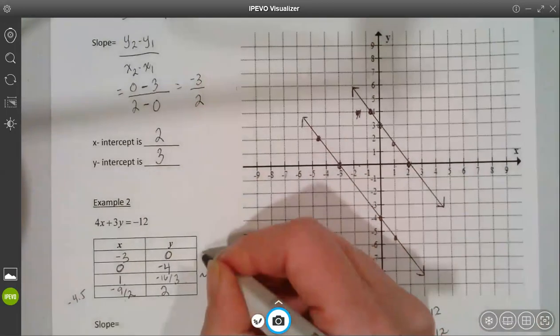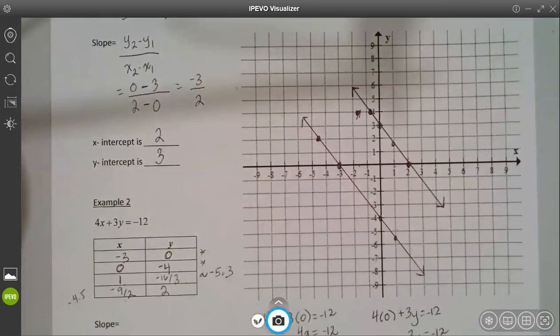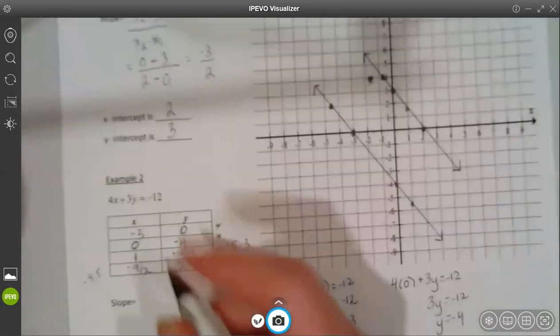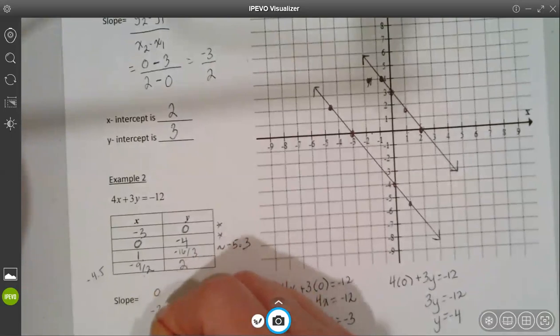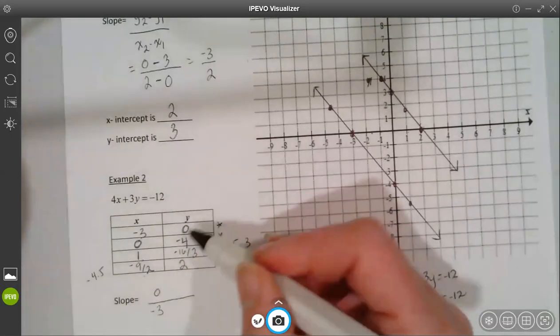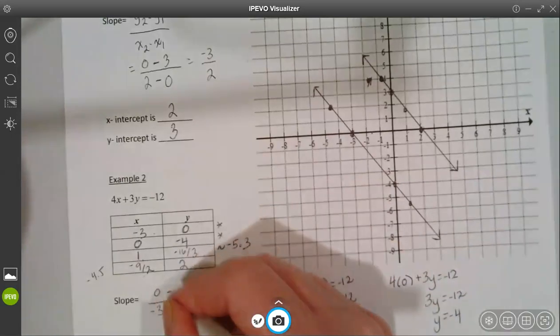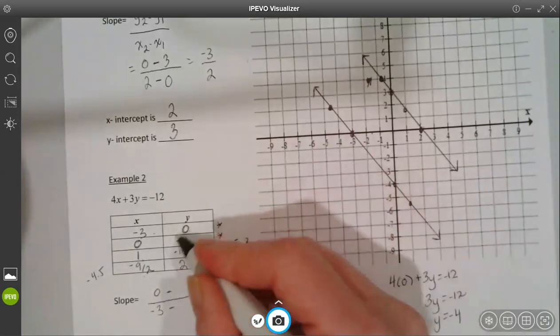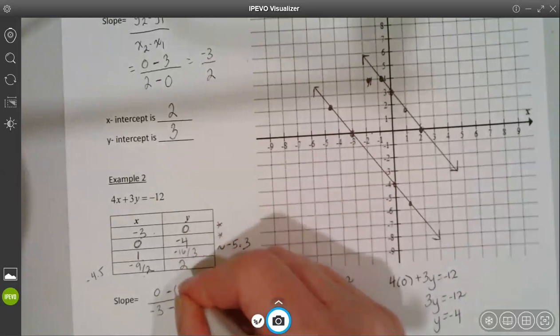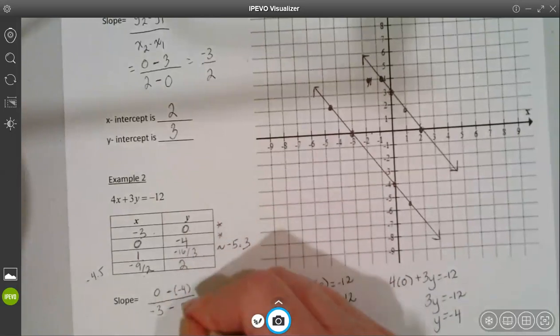Again, pick any 2 sets of ordered pairs from your table of values, and I'm going to jump right in. I'm not going to write out the formula. So I'm going to work with the first ordered pair at the beginning, add in my subtraction signs. This one here, the y value is negative 4, and here it's 0.